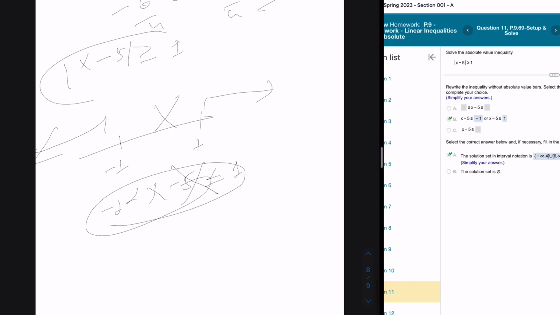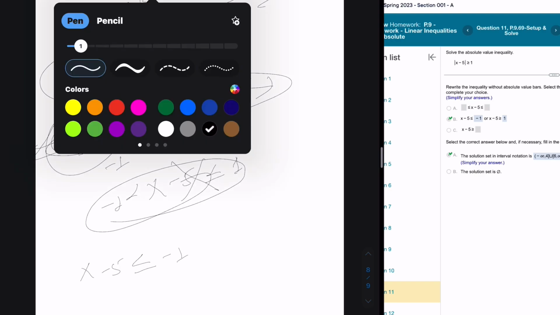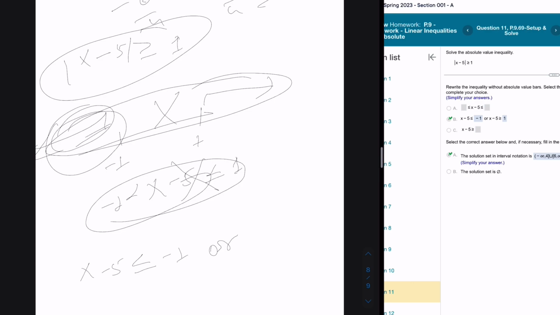For this particular equation, it looks like this if you plot the interval, and we have two equations. One is x minus 4 less than or equal to minus 1, and the other is greater, right? x minus 5 is greater than or equal to 1. Now solve for these equations and you will get two solutions. That's it.